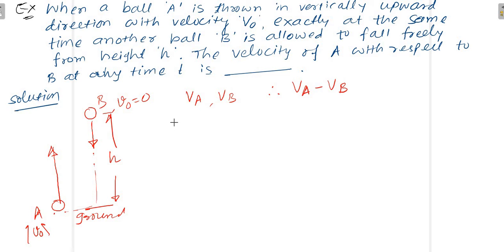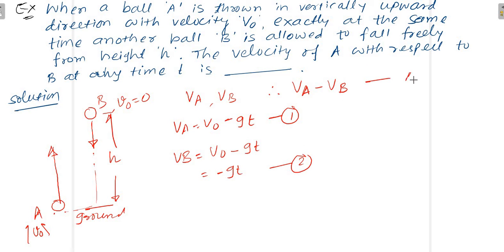So what do we know about VA? VA is V0 minus GT. Time is same, right? So V0 is already given, so this is equation number 1. And what is VB? It is freely falling, so it is V0 minus GT. So V0 is 0, so it is only minus GT, right? So this is equation number 2, and this is, say, equation number A.